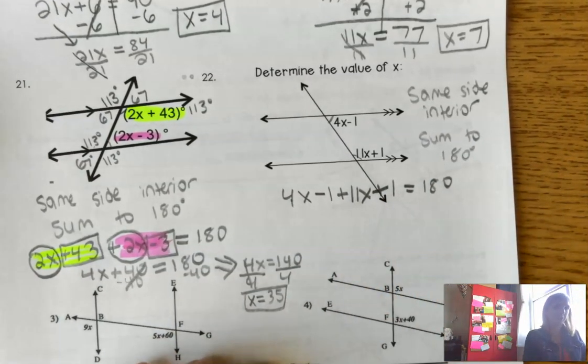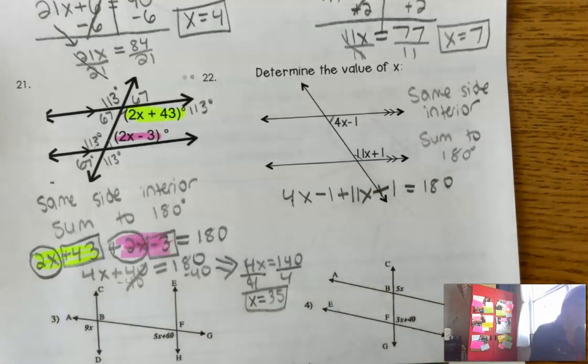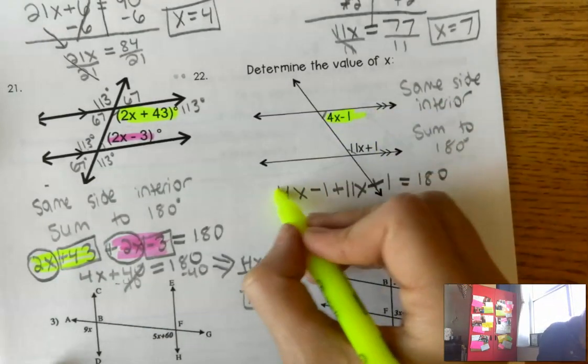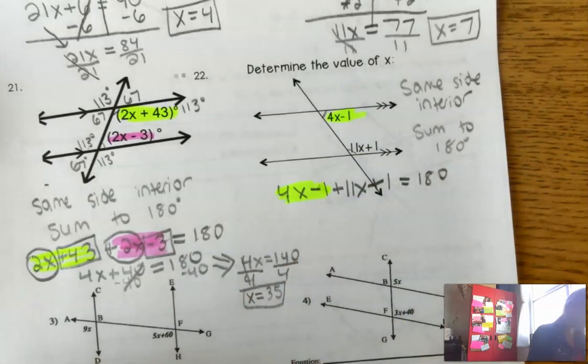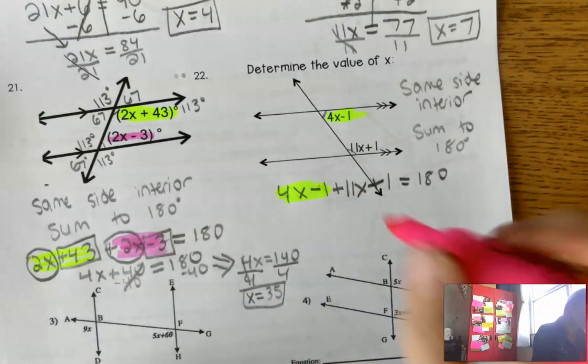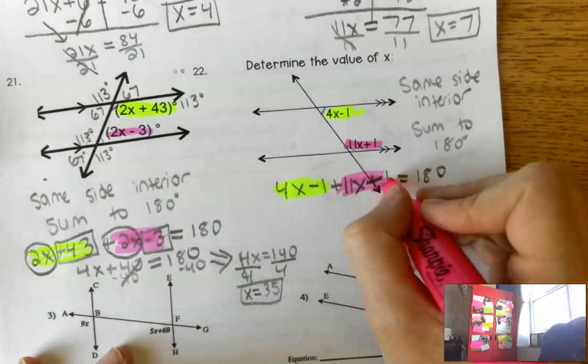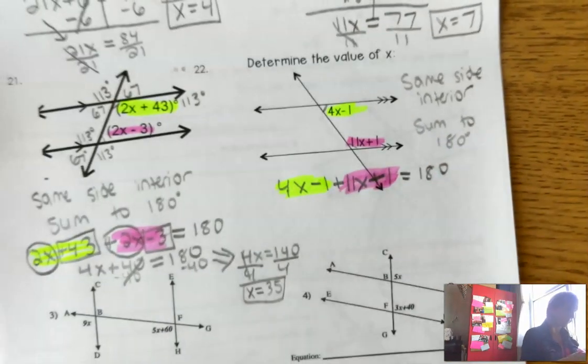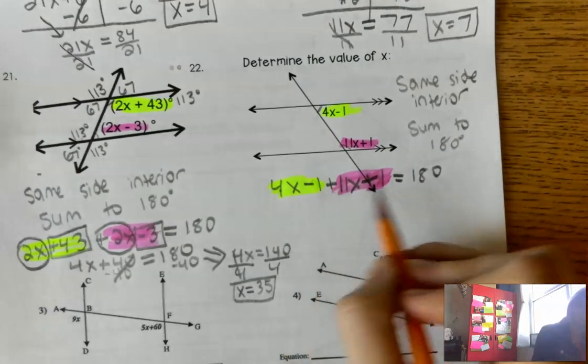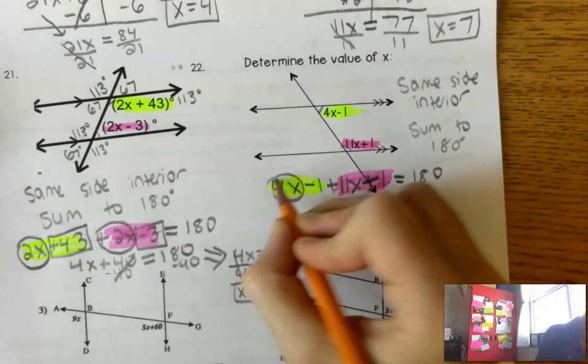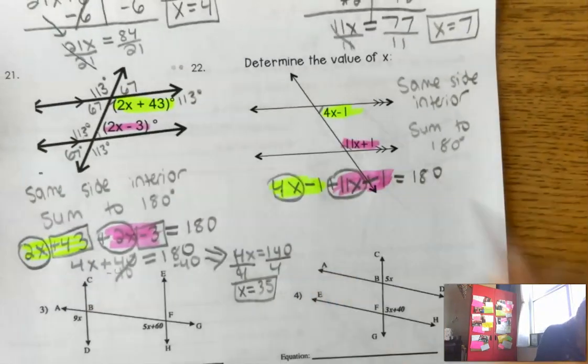I wrote over that just to have some extra room. Here's my first angle, 4x minus 1, and I added it to my second angle, 11x plus 1, and I know that when I add them together, I get 180. So I need to combine my like terms, 4x and 11x.